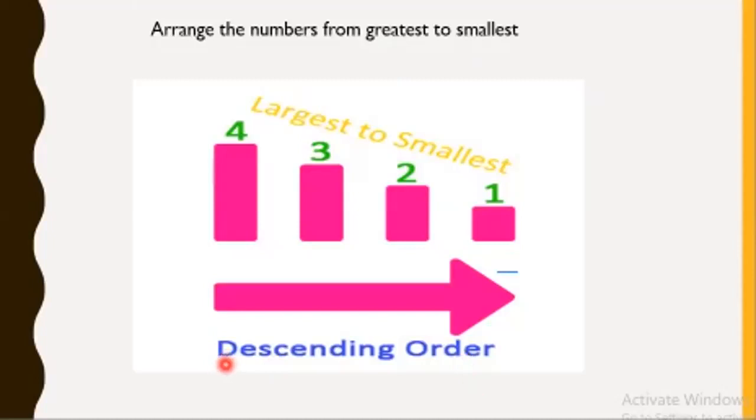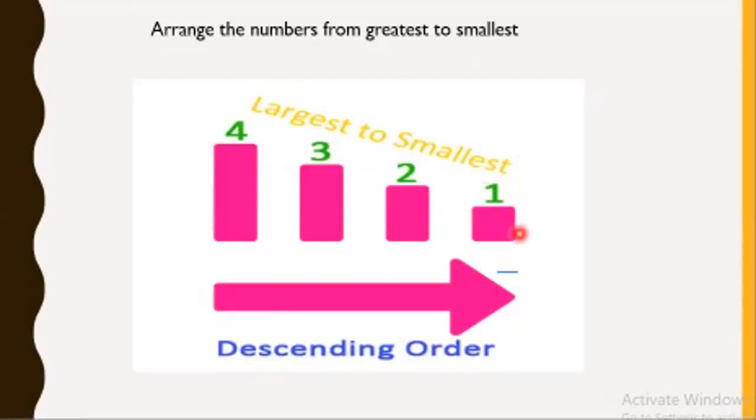Whenever you see the word descending, understand that it refers to something moving down. So descending order means arrange the numbers from largest to smallest.